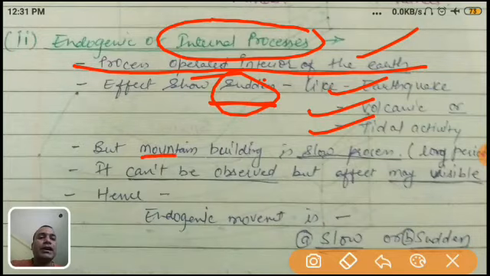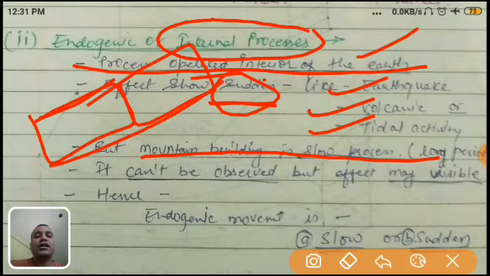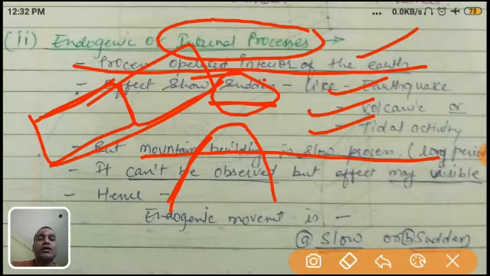But mountain building is a slow process. Maybe you are confused, but in the plate tectonic theory it is by the internal process. Slowly these tectonic plates are displacing inside the earth, and after some period of time it forms some outgrowths or upliftment of these tectonic plates.